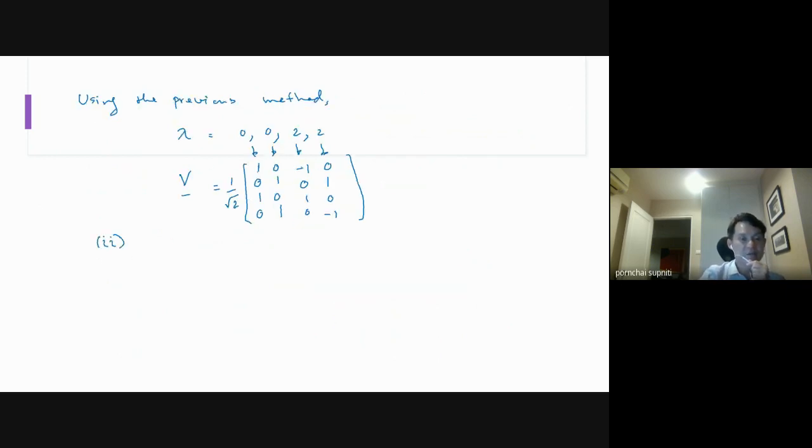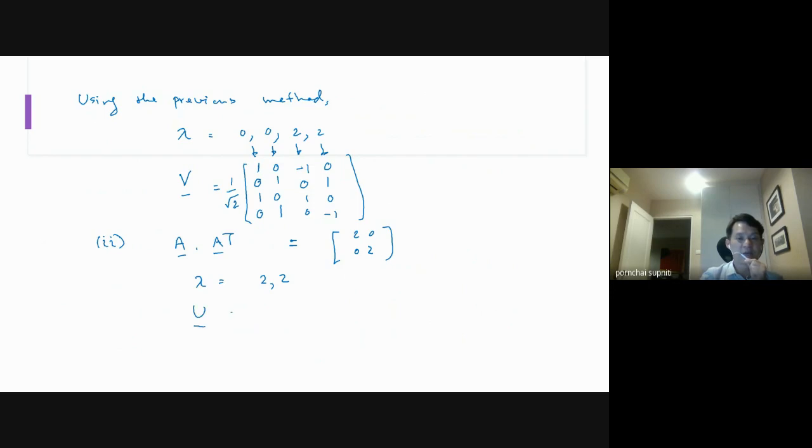And similarly, for U, we can multiply A times A transpose. Okay. And here you will get a smaller matrix. In this case, it's 2, 0, 0, 2. Okay. Maybe I won't go into so much detail, but you get to do this when you do homework. Okay. And it turns out that for this part, the lambda is equal to 2, 2.